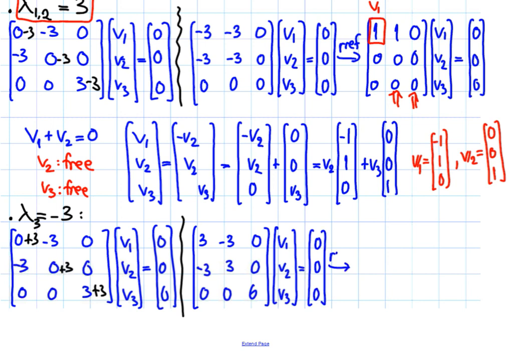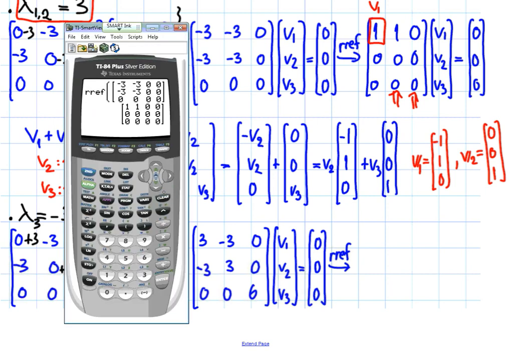And let's do reduced row echelon form for that. Reduced row echelon form, 3 rows, 4 columns.